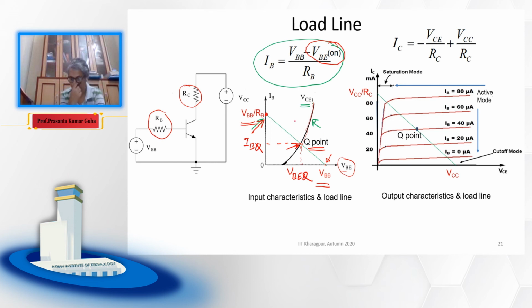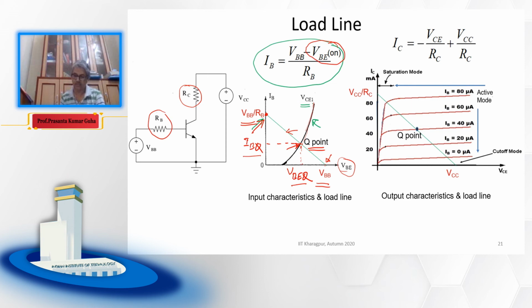That gives us the Q point, which can be figured out by getting the solution where the load line crosses this exponential plot. That designates the IBQ and VBEQ.